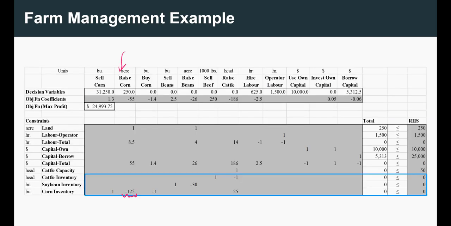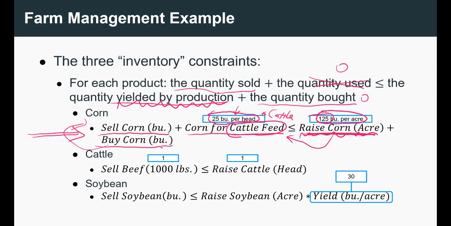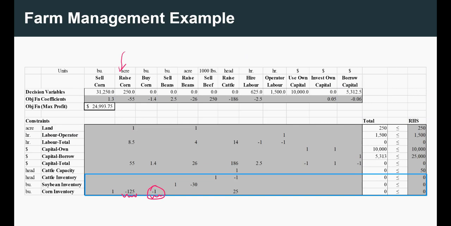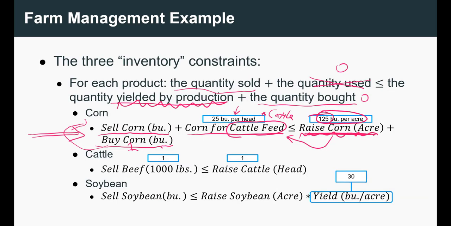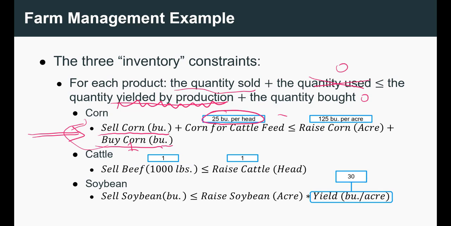And also for buy corn, because it's on the right-hand side and the coefficient is 1, if you move it to the left-hand side, it ends up with a negative 1. And sell corn is on the left-hand side, with a coefficient of 1. And for the corn constraint, there is corn used to raise cattle, and the coefficient is 25, which is this coefficient here.